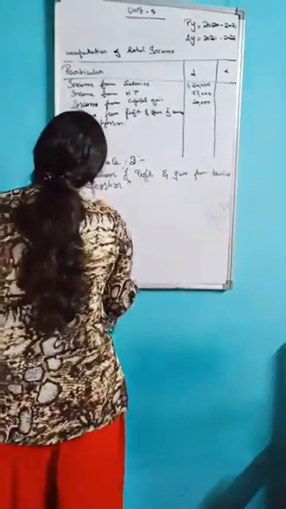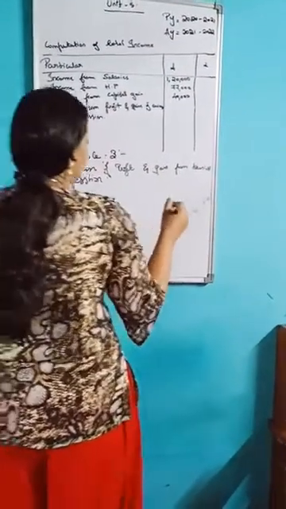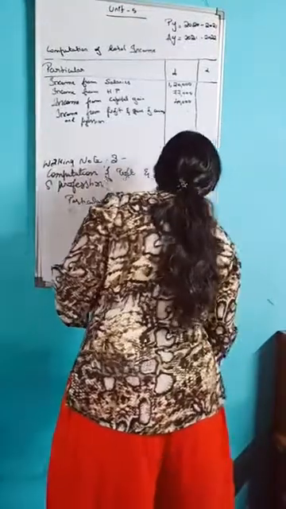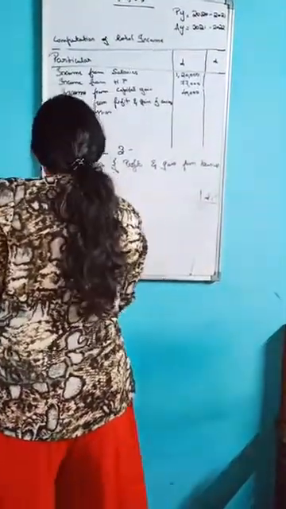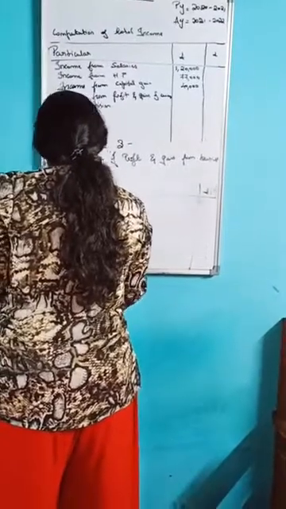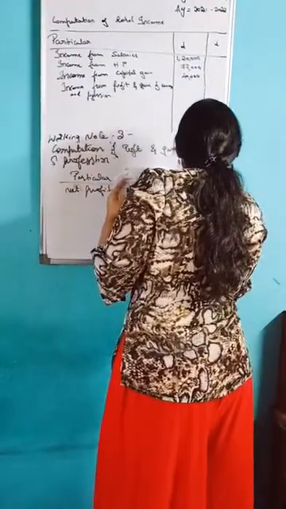So particulars and here the amount column. So your net profit in the question, how much do they mention? That is 2,40,000.